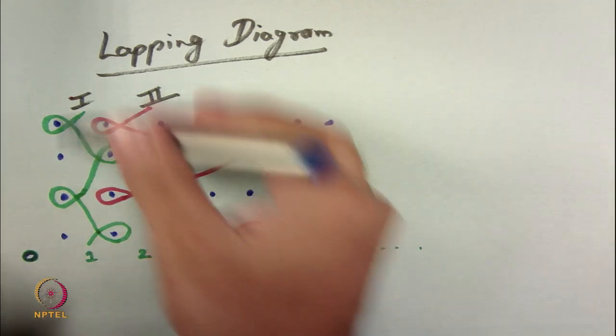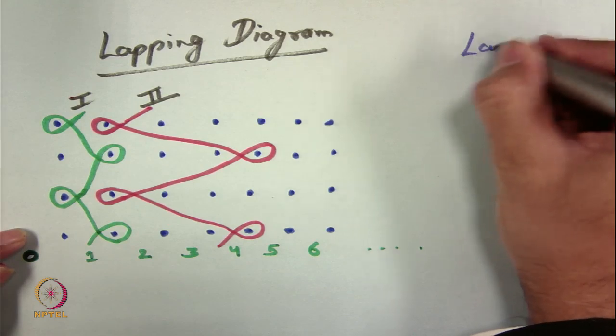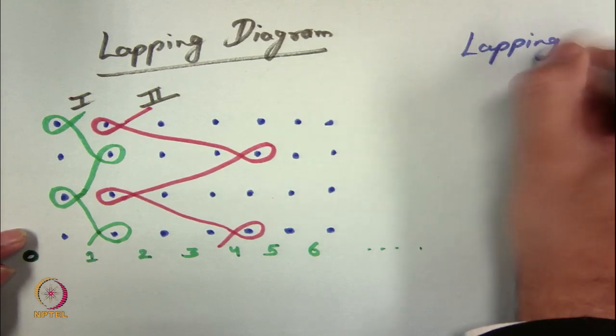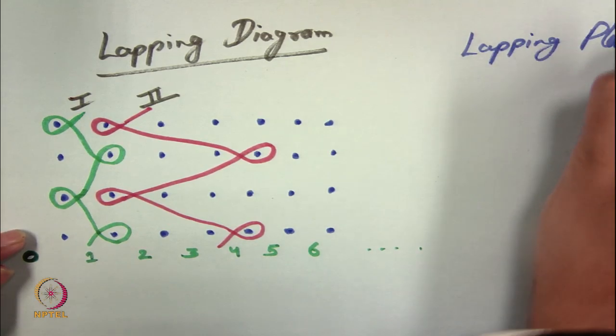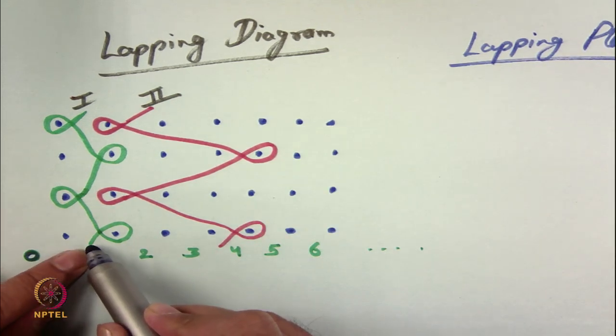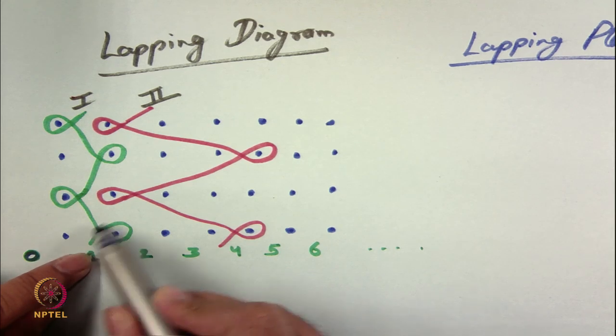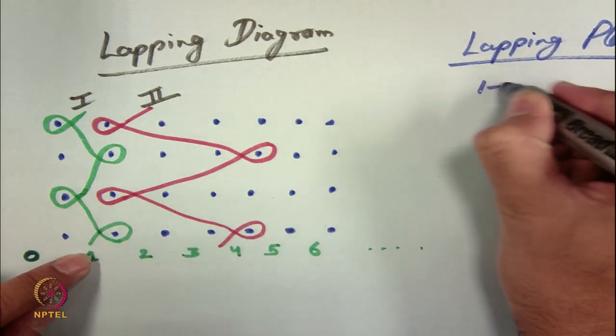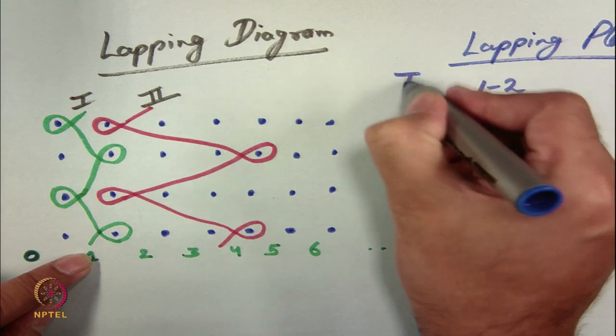So, let me represent the lapping plan. For the lapping plan we start from here. It first goes from 1 to 2, this is 1 to 2, this is for the first guide bar.